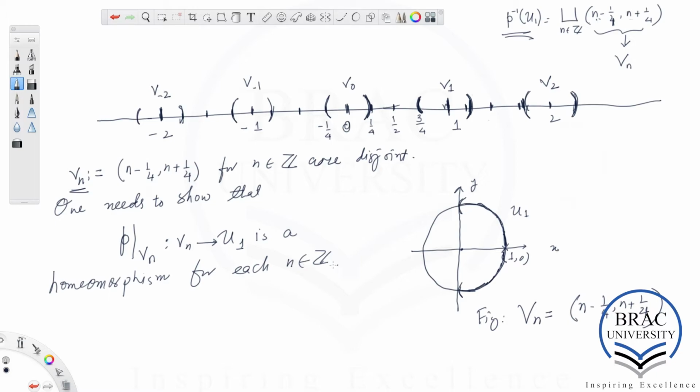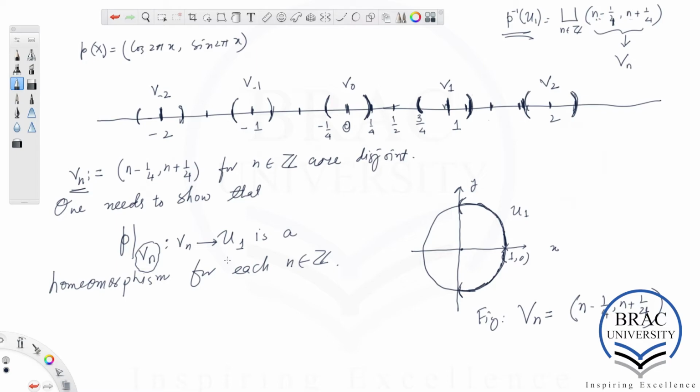So the restriction of the map that we defined by P of x is equal to cosine 2 pi x, sine 2 pi x, the restriction of this map to this open set Vn to the open set U1 of the unit circle, is a homeomorphism. That's what we need to show.